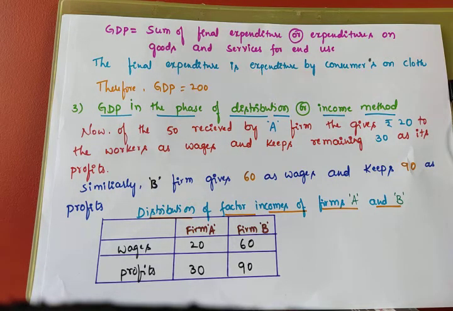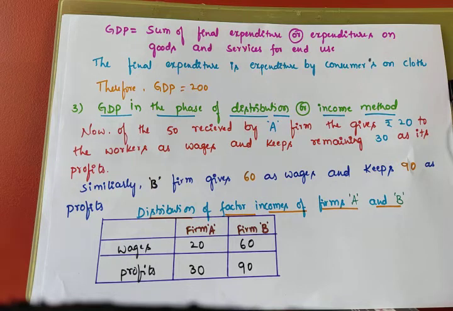And the third one is the income method. Under the income method, the sum total of expenditure in the economy must be equal to the income received by all the factors. Under this method, national income is obtained by adding up the income received by all the individuals.